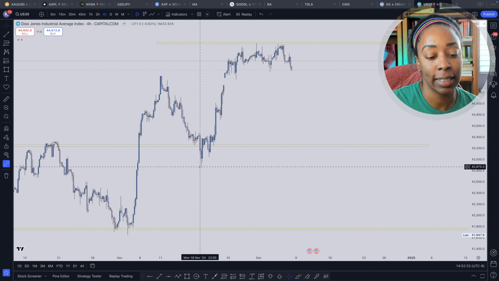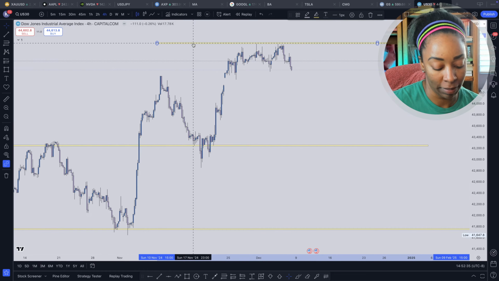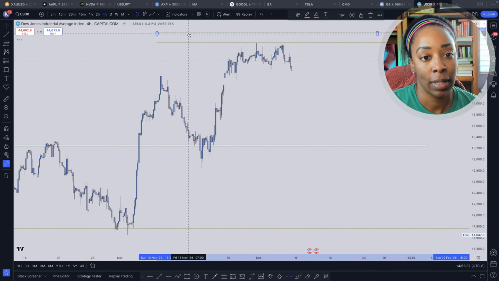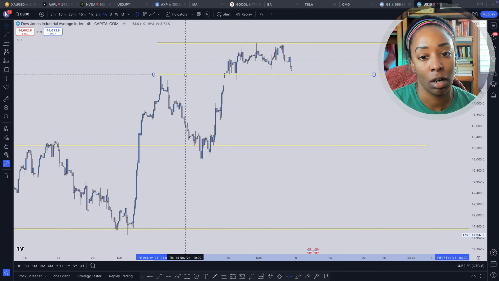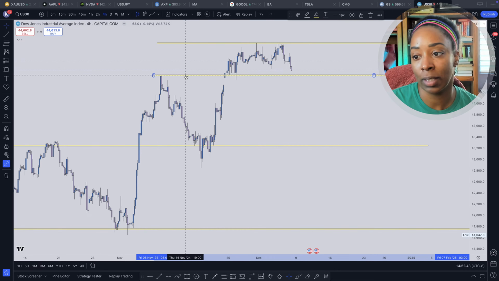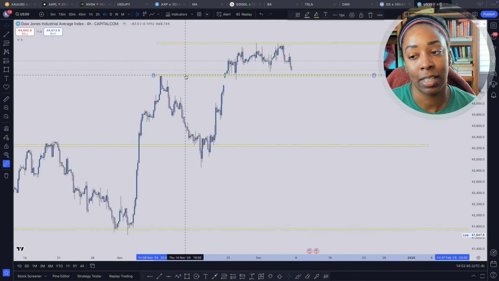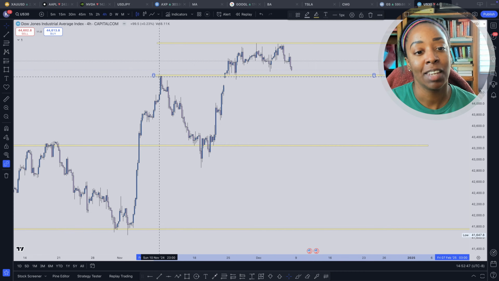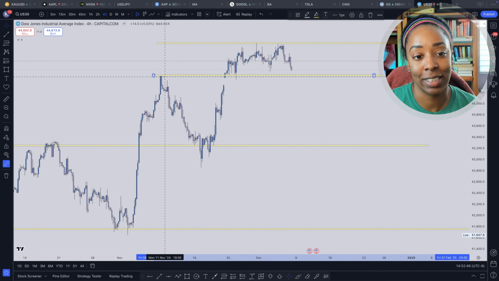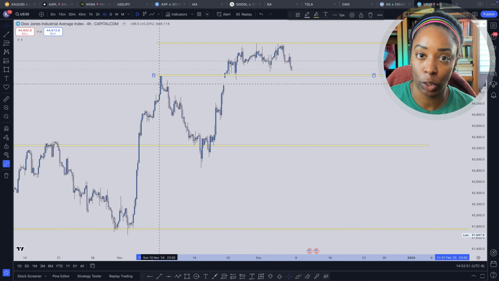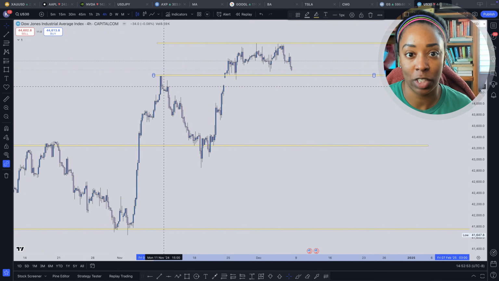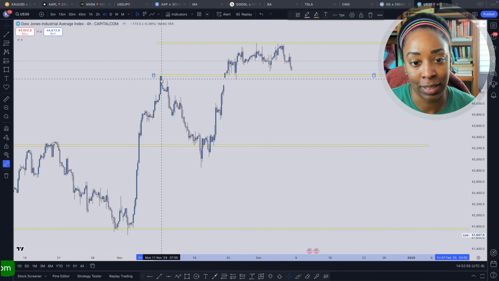There is one thing that I actually want to draw that's super obvious to me. I want to clone that level and then mark off another level. I want to say about here. So this is at 44,500, mainly because we have a really strong resistance here when we have a bullish and a bearish candle right next to each other. That is our resistance level.